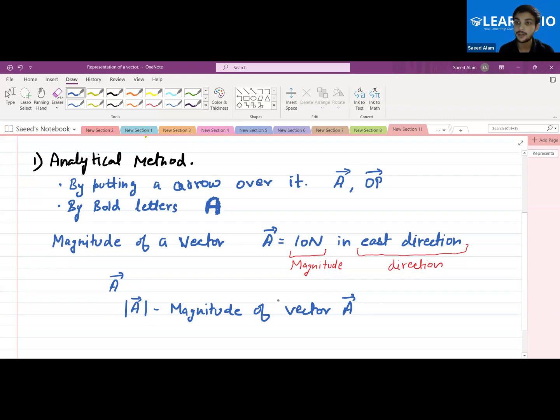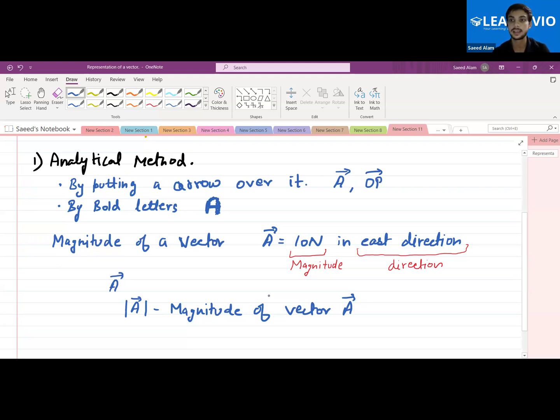So if I'm writing it between the two bars, that will be called the magnitude of vector A. Or there is one more easier way, because we humans always try to write things in as easy a way as we can. We are just copying the convention from our ancestors.